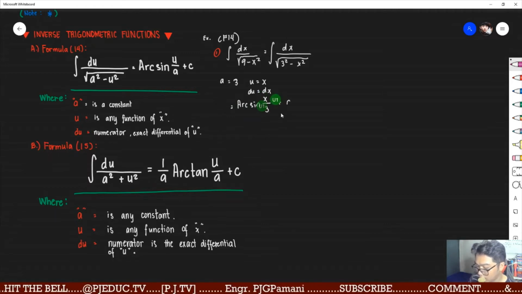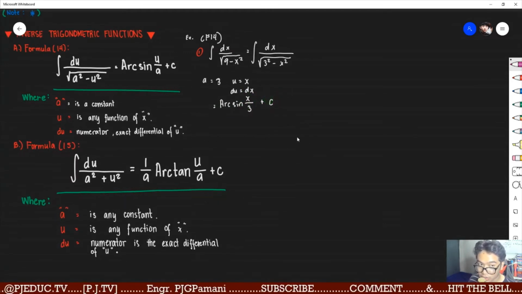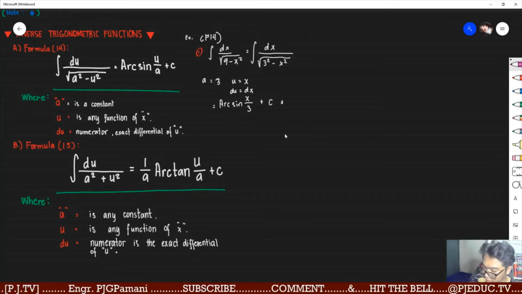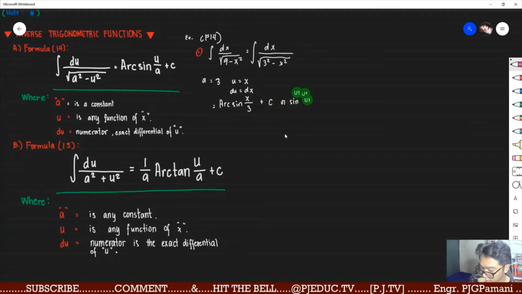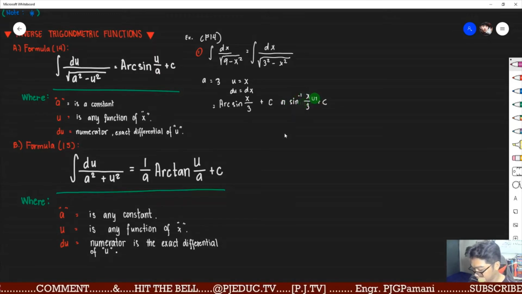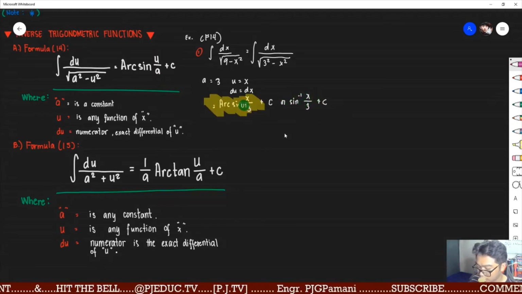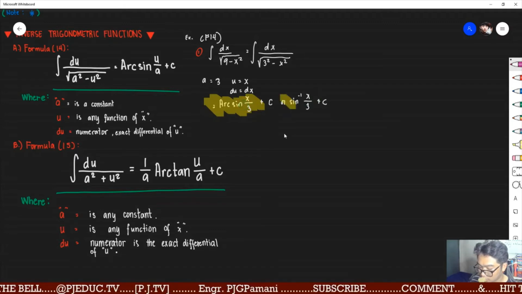Then your unknown integration constant. Or you can also express that as sine raised to negative 1 of x over 3 plus c. Ito yung formal, ito yung tamad.